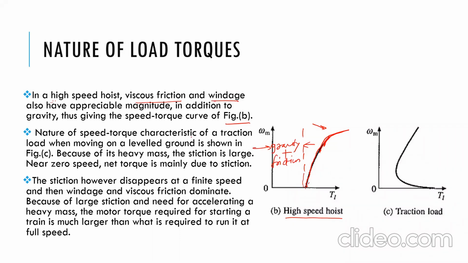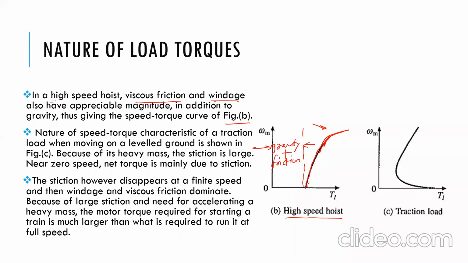Next is the nature of the speed torque characteristic of traction load, means locomotive or railway when moving on level ground, as shown in figure C. Because of its heavy mass, the stiction is large. Near zero speed, net torque is mainly due to stiction.